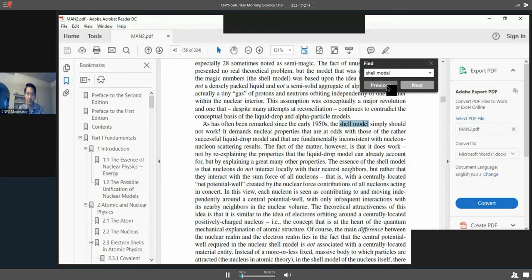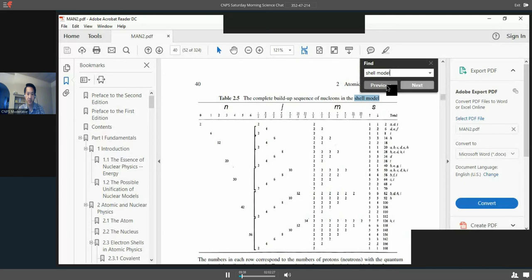As I understand it, the shell model says that the nucleus is built up out of different layers, like this picture on page 40 showing what the various shells would be inside the nucleus. Now the liquid drop model presumes a more amorphous kind of structure, just like a water droplet, where the protons and neutrons are more or less randomly distributed through the nucleus.